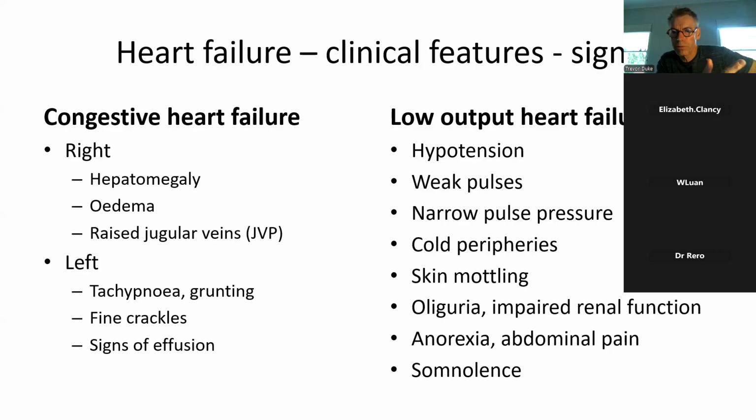And many children have both, biventricular failure, but the signs that are especially right heart failure are those where you've got congestion from the right ventricle, you've got high central venous pressures because the right ventricle can't pump adequately, and the end diastolic pressure in the right ventricle is high, and that leads to congestion in the venous circulation. So you have hepatomegaly and generalized edema, typically in the lower limbs, and you have a raised jugular venous pressure.